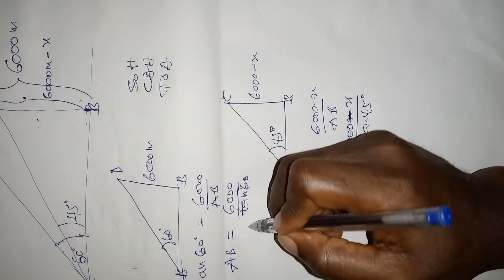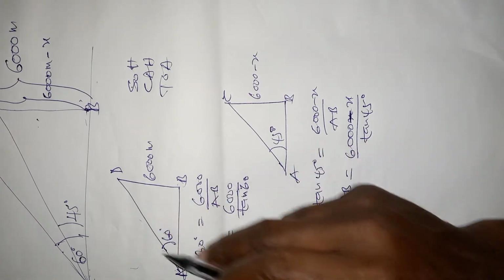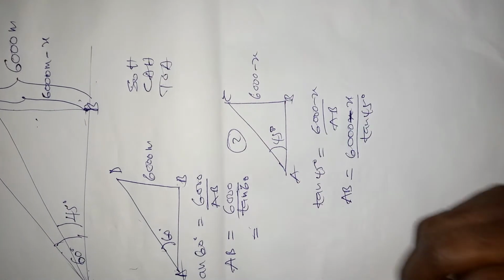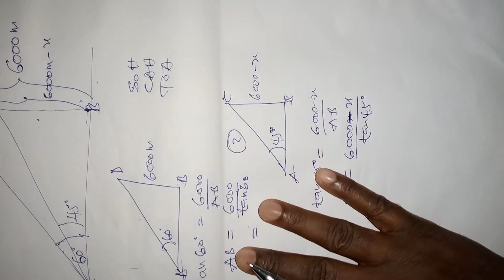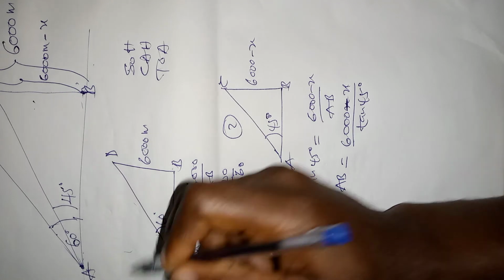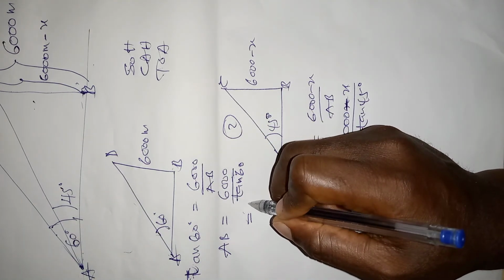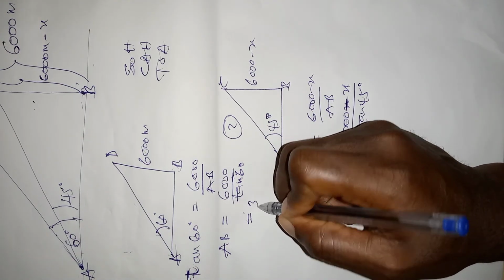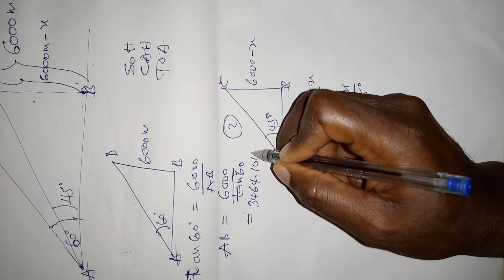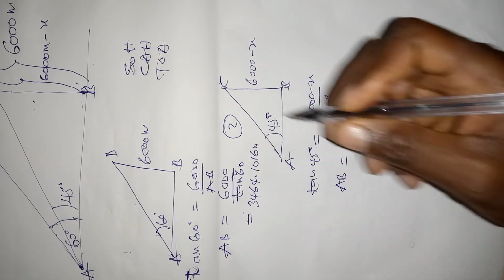Let's go ahead and compute from the first triangle. Let me name them 1 and 2. That way, from the first triangle, let's compute AB here, and that will give us 3464.1016 meters.